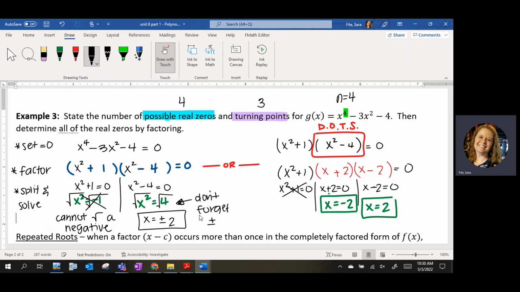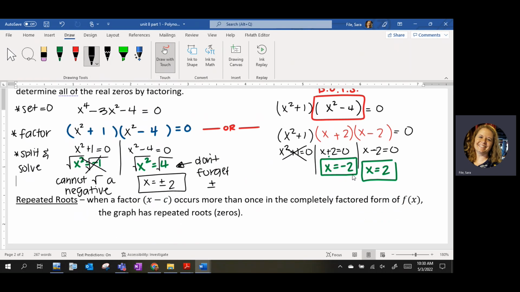Okay, so both ways we get the same solutions as long as we don't forget the plus or the minus when we take the square root. Does that difference of 2 squares kind of come back to y'all? Okay. All right. So that's some good factoring practice.